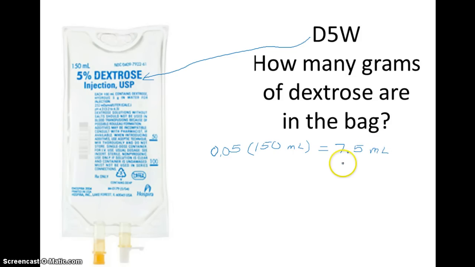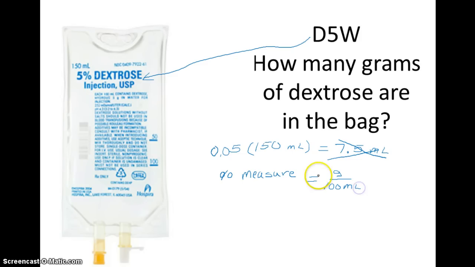The problem with this is that it is sugar, and sugar is a solid. It needs to be measured in grams, so this does not give us the right answer. Instead, what we have to use is that percent measure is defined a certain way, and all of our IV fluids are percent measure problems, and they are defined to be the number of grams per 100 milliliters.